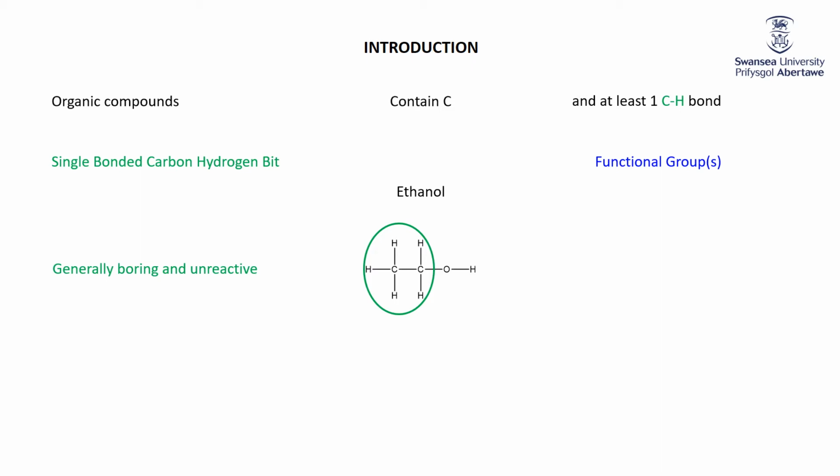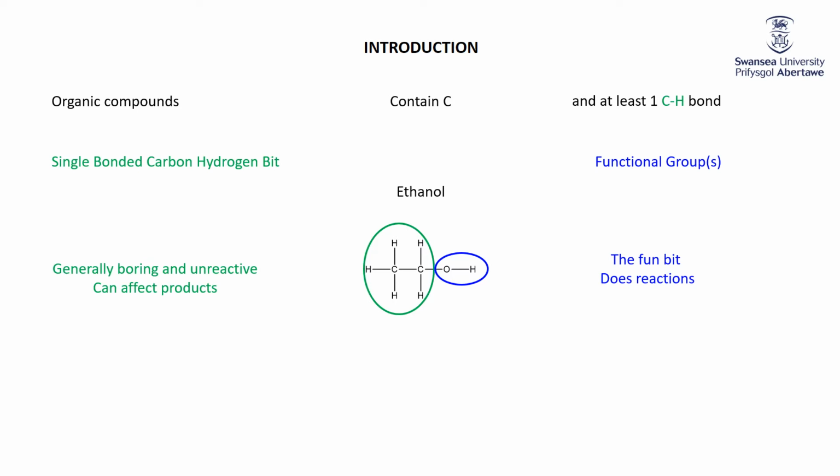The real fun part with organic chemistry comes with the functional group, okay? Because that's the bit that does the reactions. However, I should point out that the boring and unreactive single bonded carbon-hydrogen bit can affect the products that you get of reactions, and we'll talk about that in considerable detail as we go through the course. But by and large, organic chemistry is designed to talk about the functional groups.